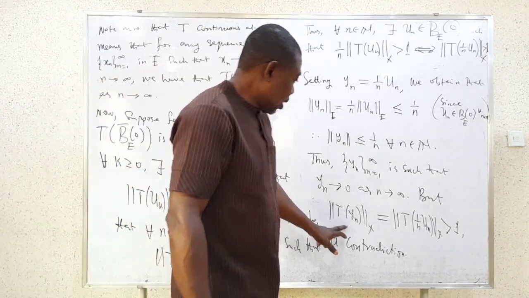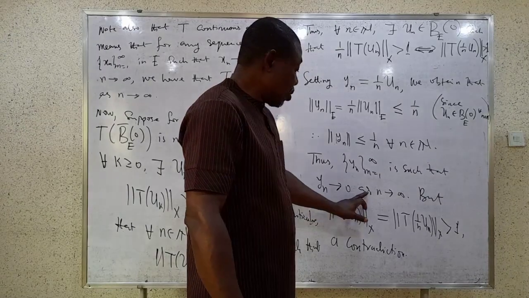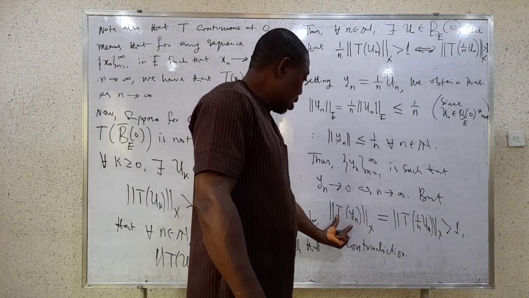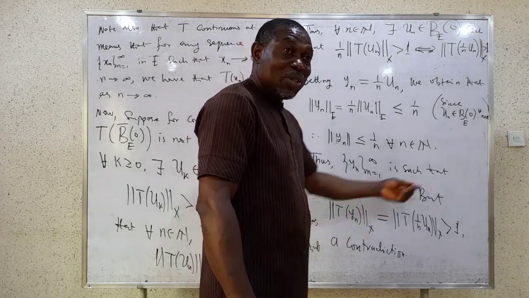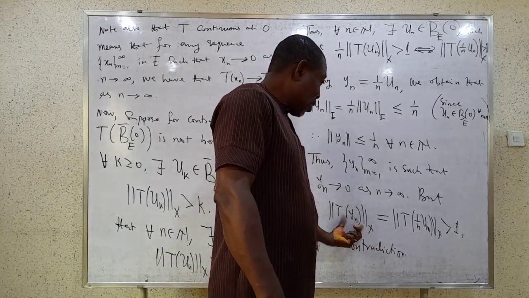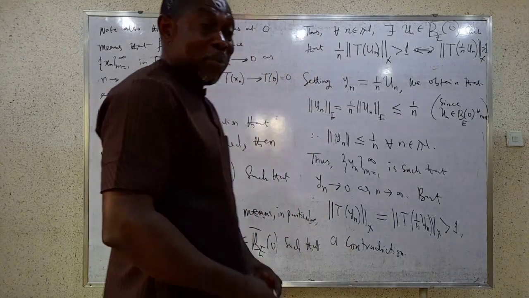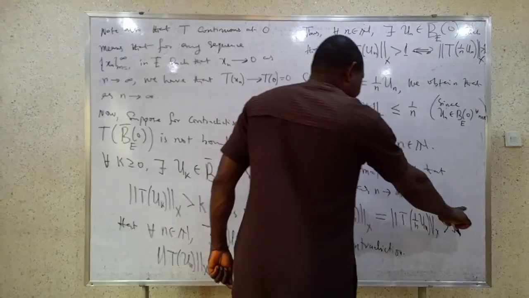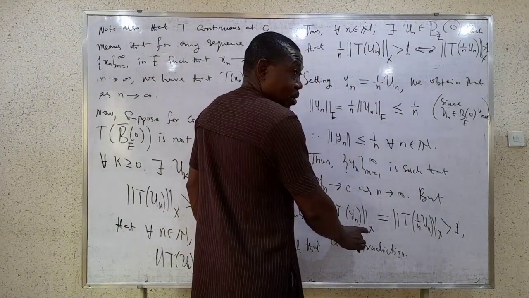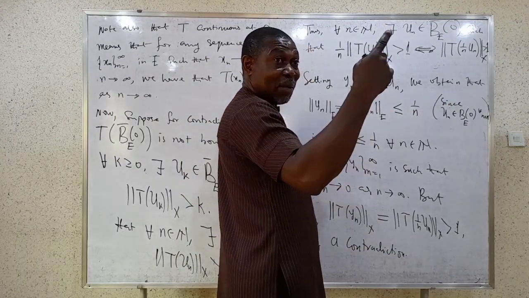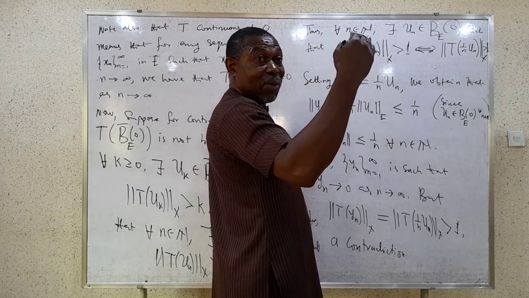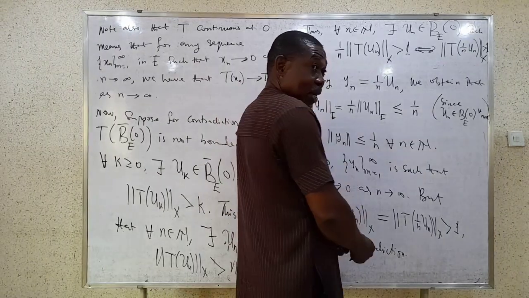For this particular case, we have a sequence that goes to 0, but the image has no chance of going to 0 because the norm is bigger than 1. I don't know if you get my point. This is bigger than 1, and there's no chance of going to 0. Going to 0 means that given epsilon bigger than 0, there exists n_epsilon, so that for n greater or equal to n_epsilon, this will be less than epsilon.